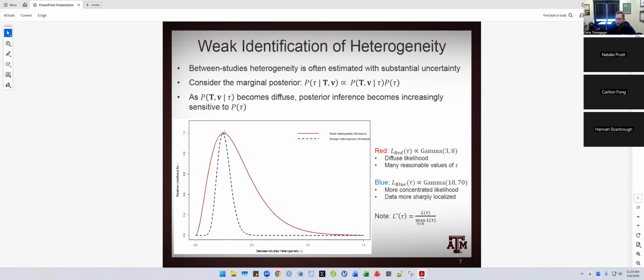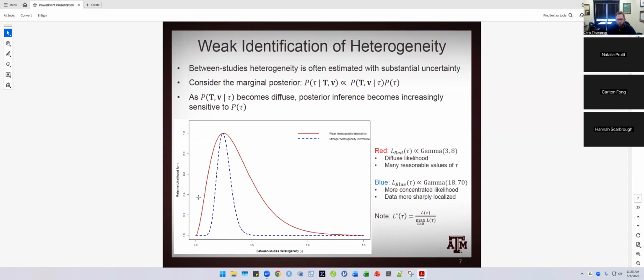The mode is roughly the same, but the possible values are much more spread out, in that we might be pretty confident that this value, whatever this mode is, is a good estimate if you were wanting a point estimate for tau.